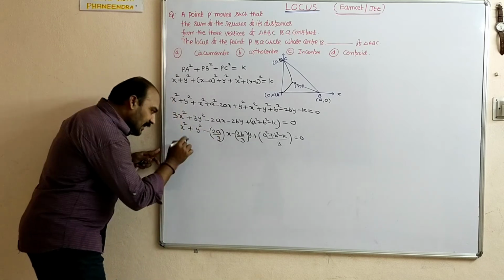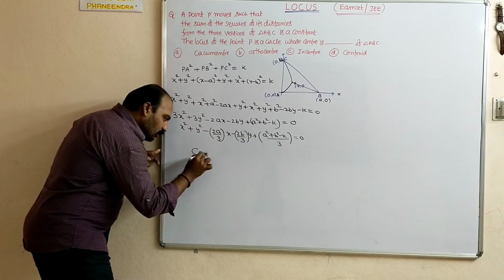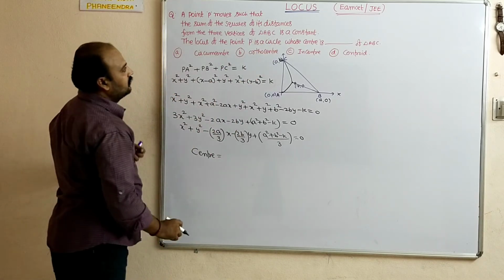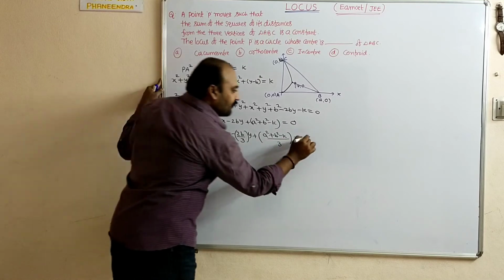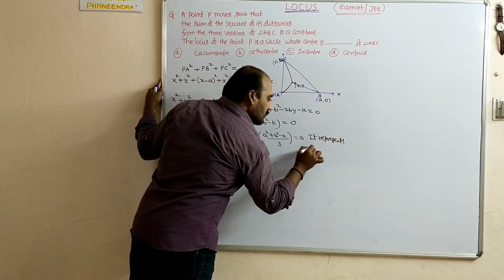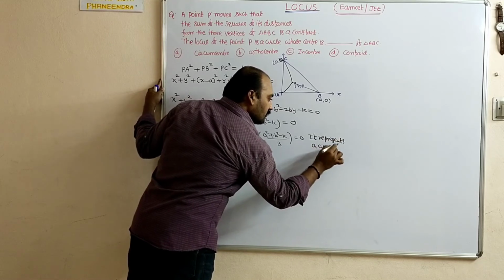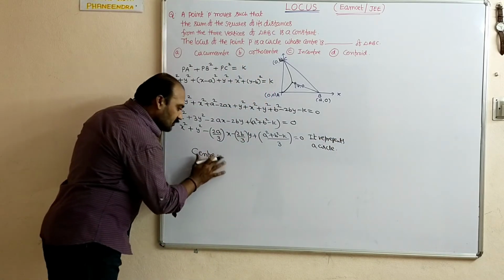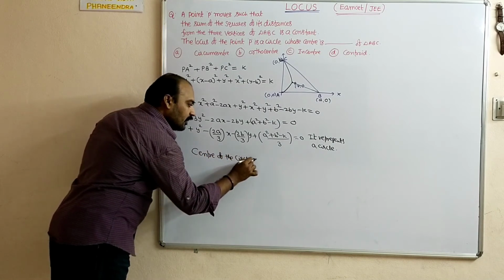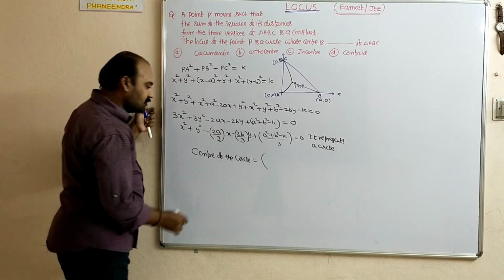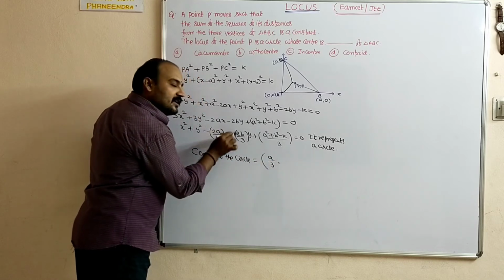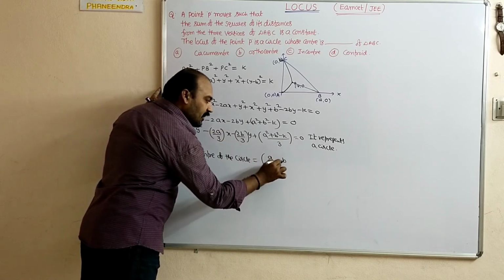We know that the center of the circle is equal to minus x coefficient by 2, minus y coefficient by 2. That is minus (minus 2a by 3) by 2, so a by 3, and minus (minus 2b by 3) by 2, that is b by 3.